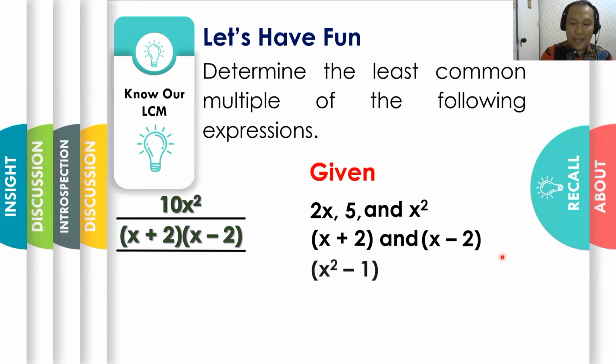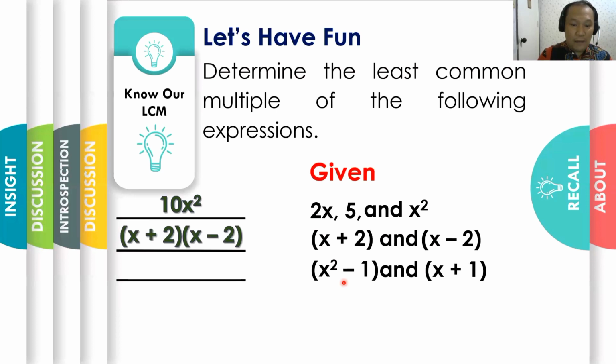Okay, next, what if we do have x squared minus 1 and x plus 1? Now remember class, x squared minus 1 does have factors x plus 1 and x minus 1.